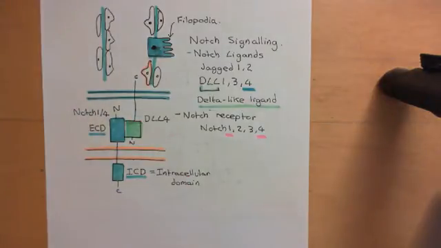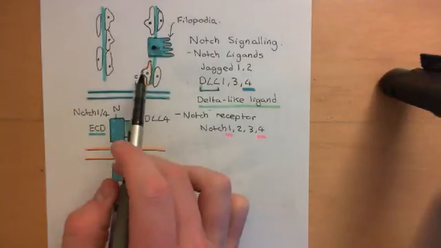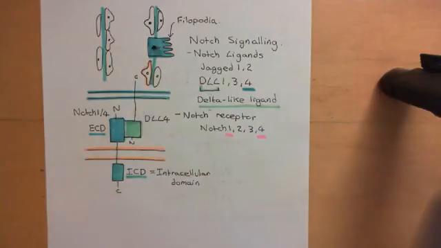Now, the tip cell has put the delta-like ligand 4 on its surface. It is now binding to notch 1 and 4 receptors on the surface of these endothelial cells here, the surrounding endothelial cells of the tip cell, basically. And now what's going to happen is when the delta-like ligand 4 binds to the notch receptor, the notch receptor can now be processed by 2 enzymes sequentially.